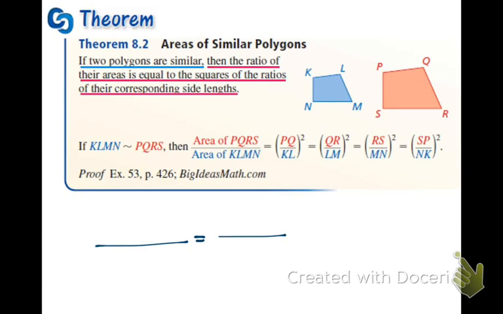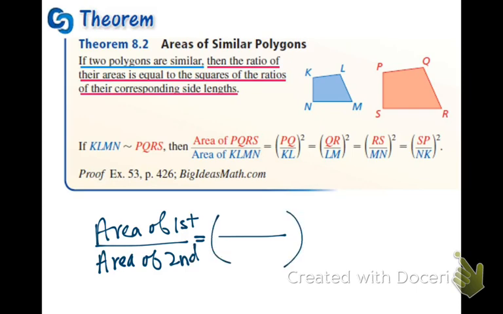It's very similar to the first formula. You're going to put the area of the first over the area of the second, and then the side of the first over the side of the second.